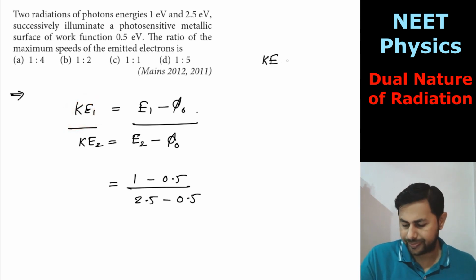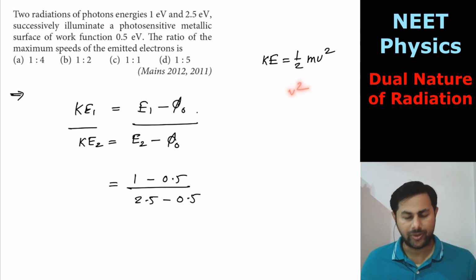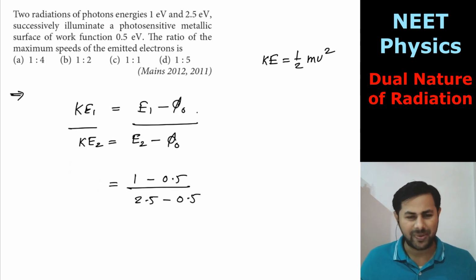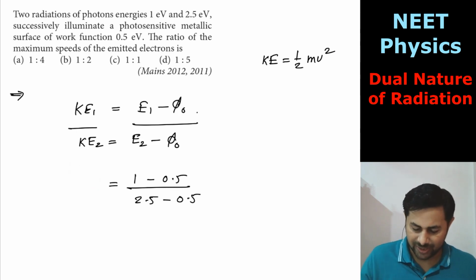you have half mv square, so it's proportional to v square. That's why instead of writing half mv square, you can just say it's (v1 by v2) square, right?